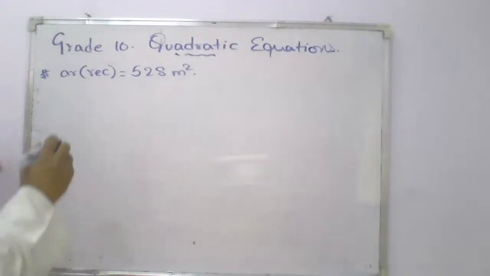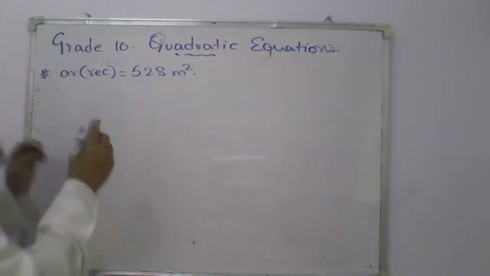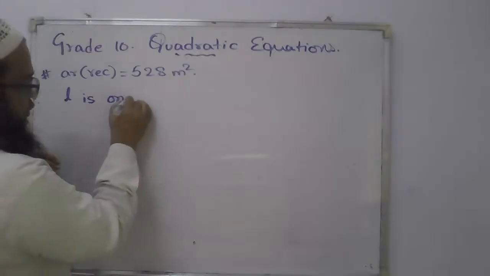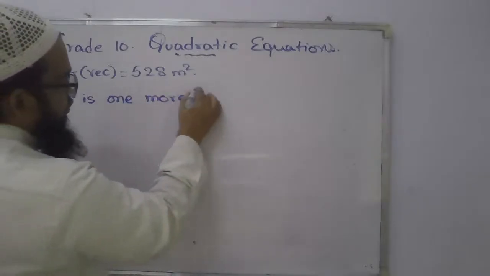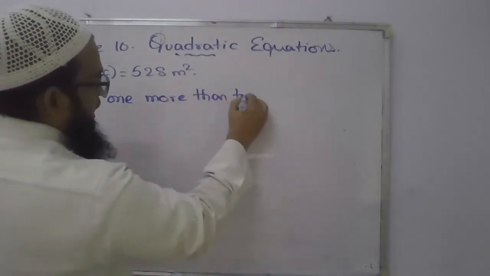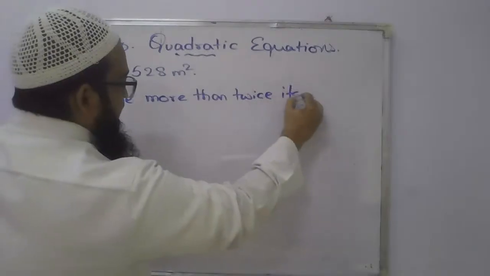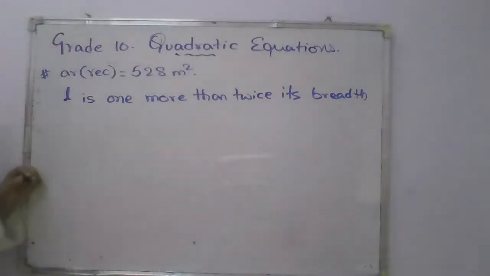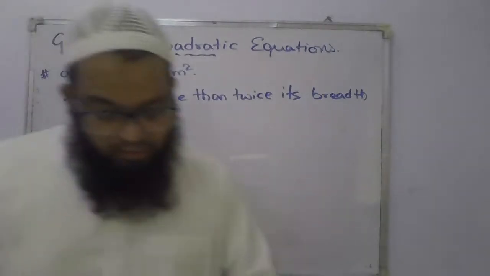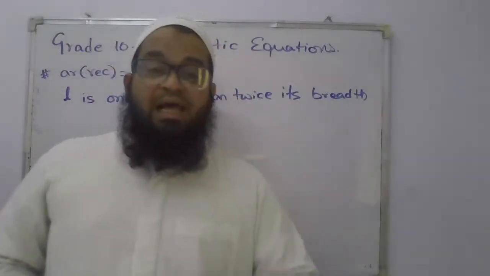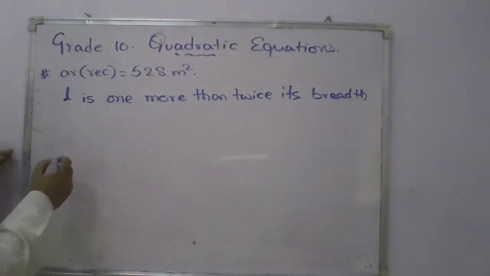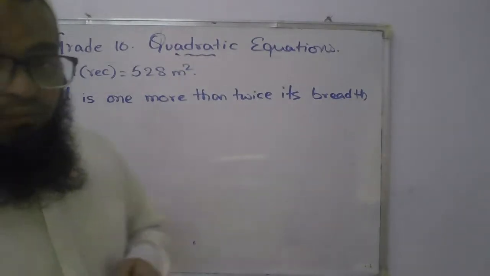You write the given statement. Length is one more than twice its breadth. If you write like this, then it will be clear. And we need to find the length and breadth. Since he is asking for length and breadth, let us take, sir, which one we have to take?